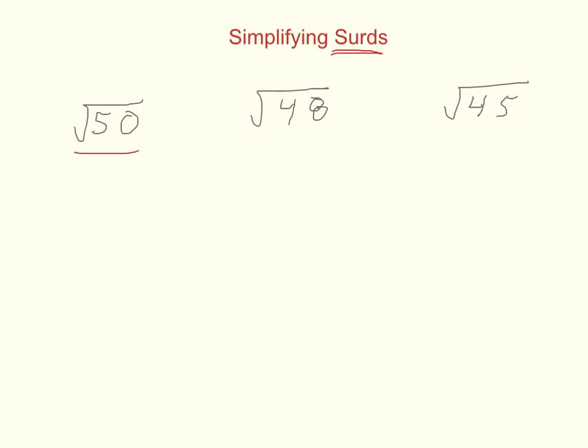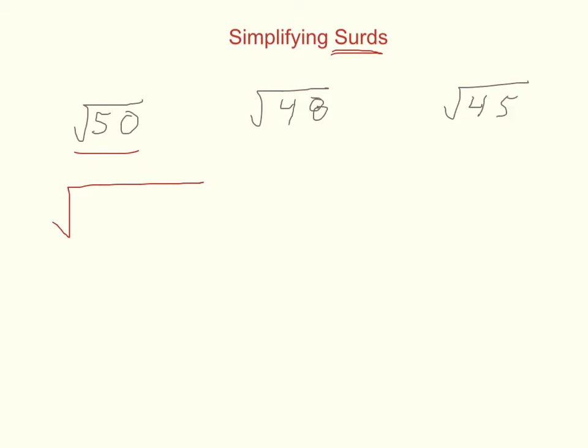Here we have the square root of 50, and what we can do is break this up into two or more other factors, where we're trying to get factors that are perfect squares. You should have memorized the square roots up to at least 10 and hopefully up through 20.